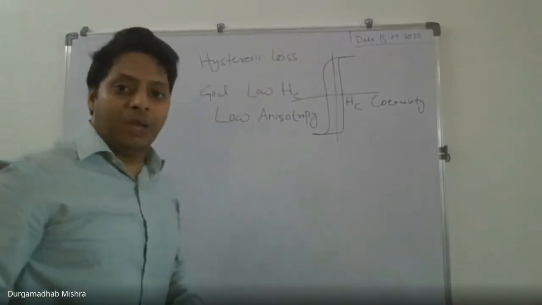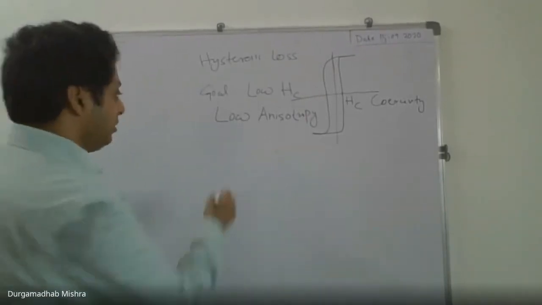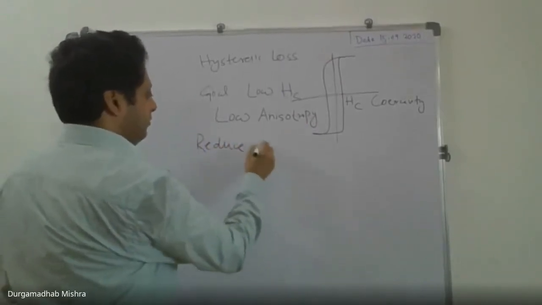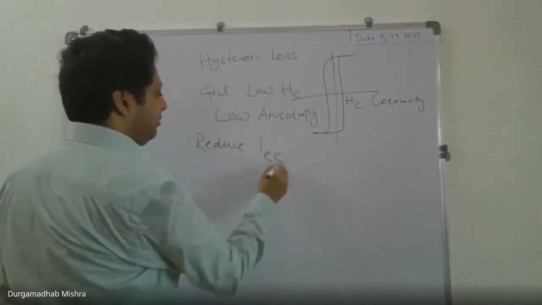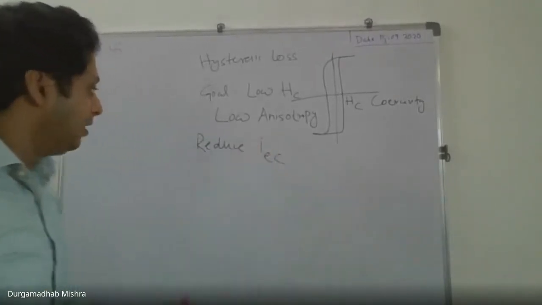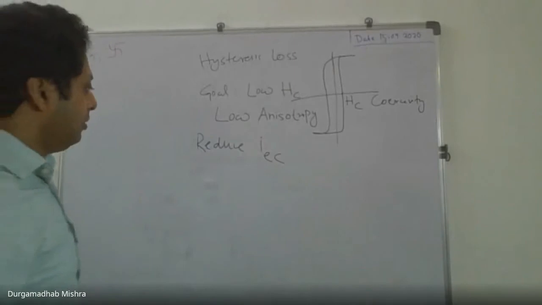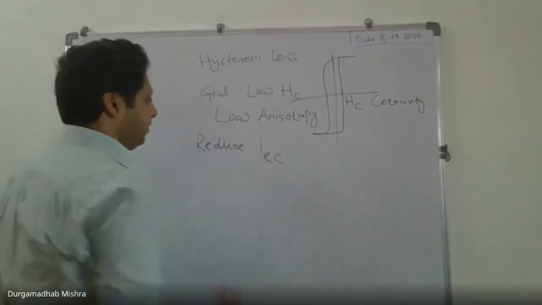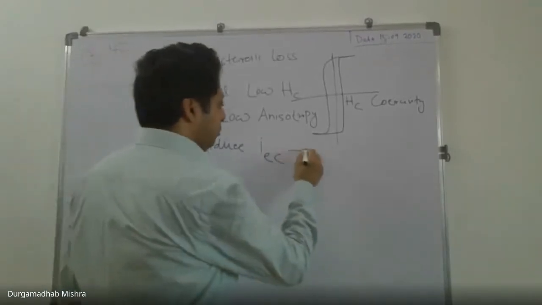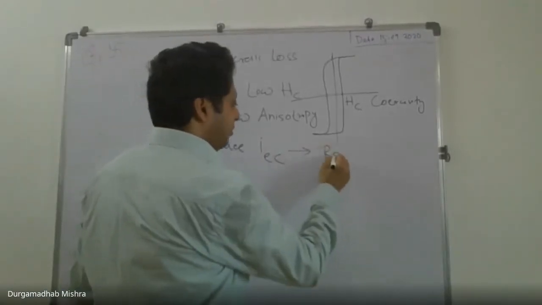And then another way is to reduce your eddy current loss, because that is basically your I squared R, which you have to reduce. To do that from a material point of view, you want the resistivity of the material to be high.